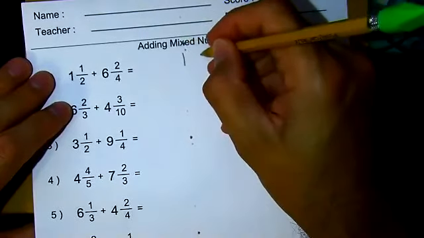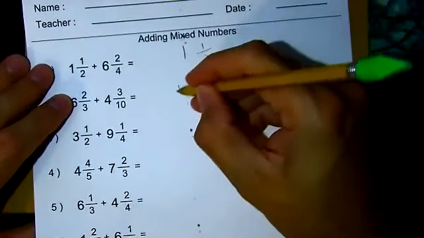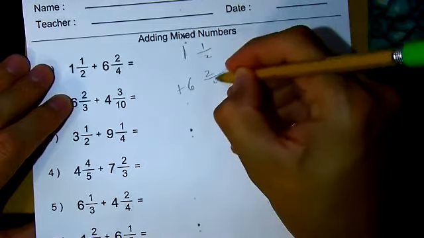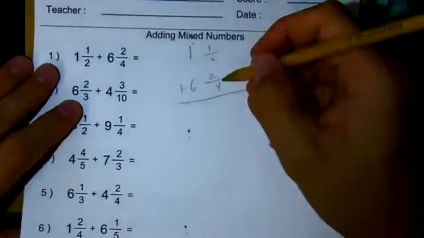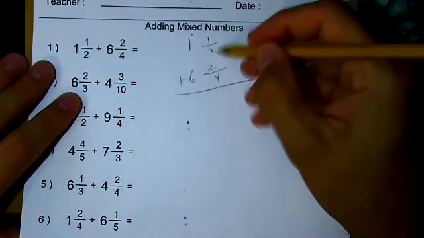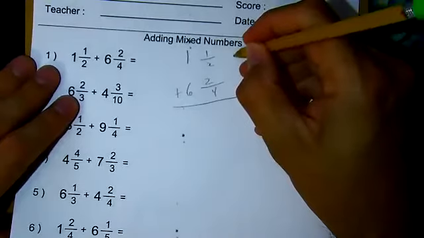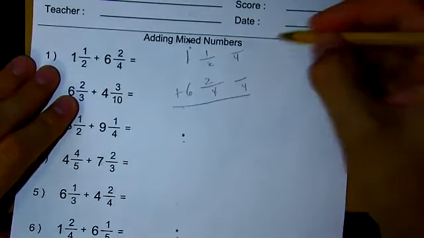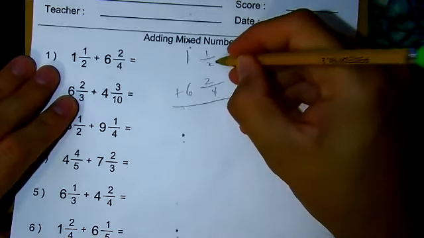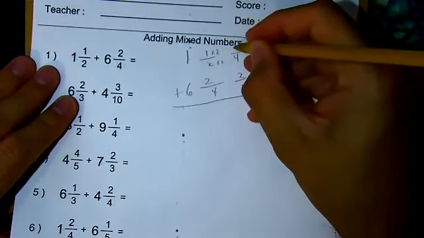Rewrite these top over bottom. 1/2 plus 6 2/4. It's funny, sometimes they give you fractions that are already not simplified, but it's okay. So this is a good example. You'll see why. Oh, 2 will go into 4, so I'm using 4. Bring my 2 over, multiply times 2.